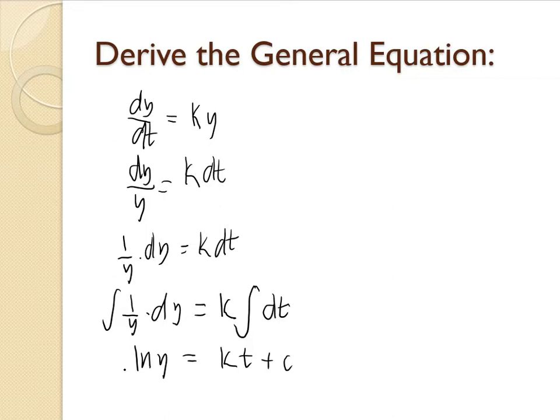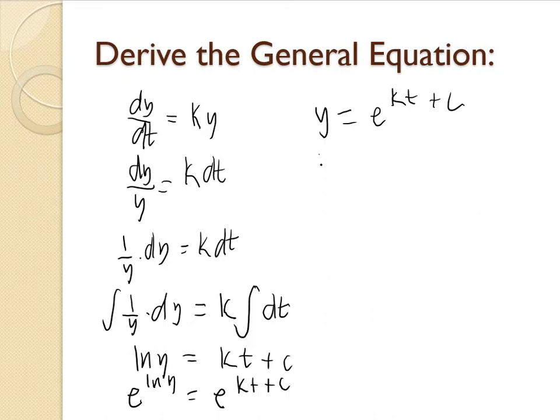So para mawala yung ln sa kaliwa, this becomes the exponent of e, and yung kanan, ganun din, no? So, therefore, magiging y na lang yung kaliwa, and yung kanan is e raised to kt plus c.